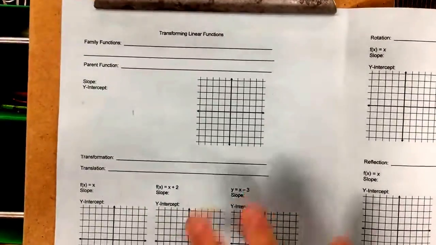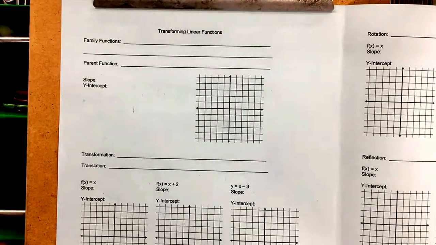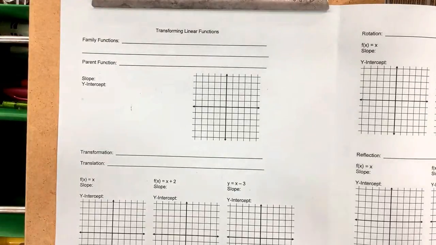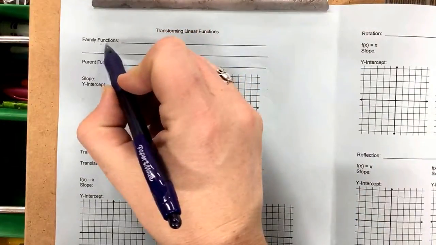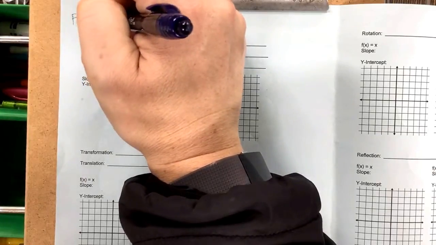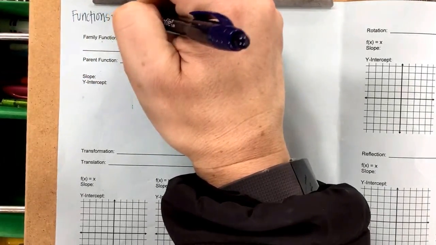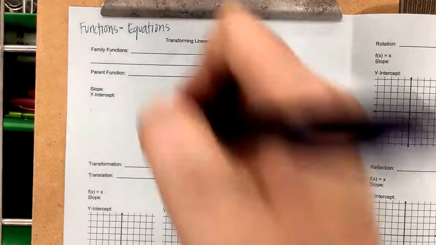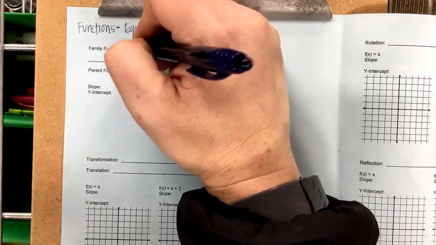All right, transforming linear equations. So we're going to start out with this idea of family functions, right? So functions, fancy word for equations. And a function, right? Family functions are functions.